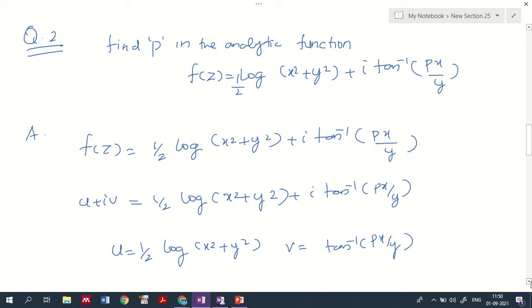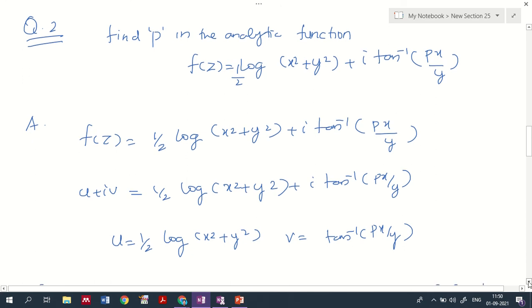Here the difference is that we have an unknown, and there is a small change when we take the tan inverse of that value. So let me come to this problem.